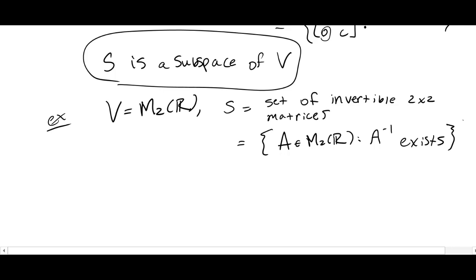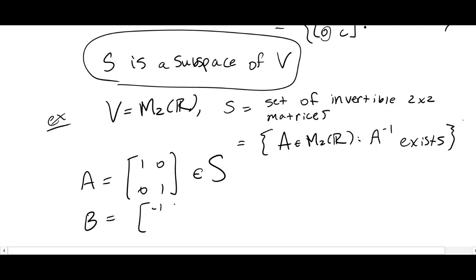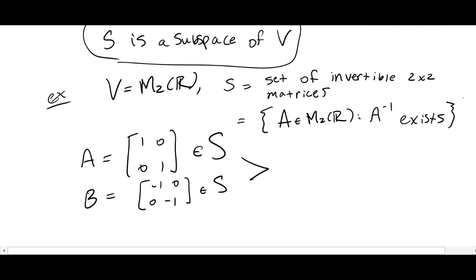So you said if you take A equals 1 0 0 1, that's invertible, so it's in S. If you take B equals negative 1 0 0 negative 1, that's in S. It's also invertible. But if you add these two together, you get the zero matrix, which is not invertible.